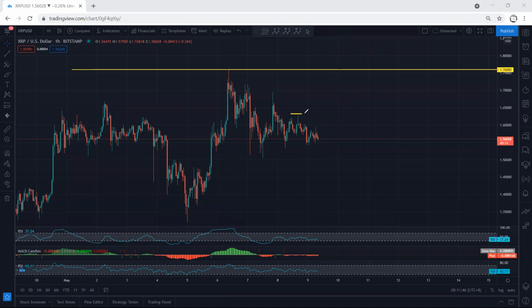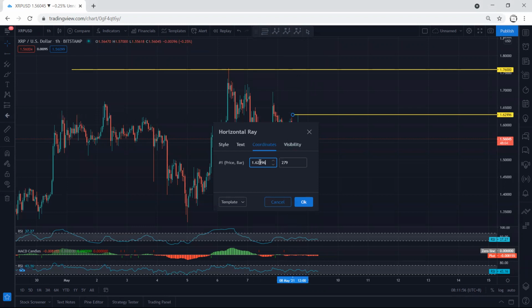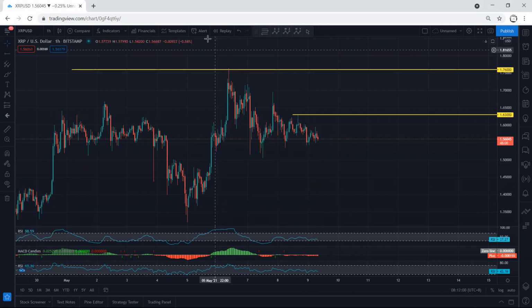And even having entry above the stop, which is, if I put my line here, around 1.63. If I change it to 1.63, we can have entry above that, in case the price sharply reverses, at least we can catch the trade. But the one thing we need to highlight here, having entry above the stop is really risky.